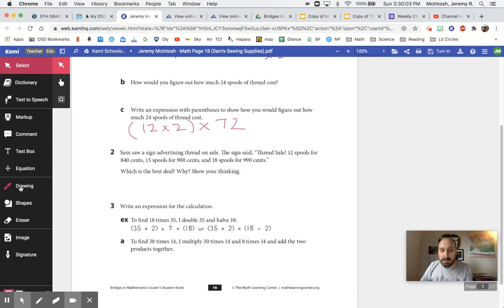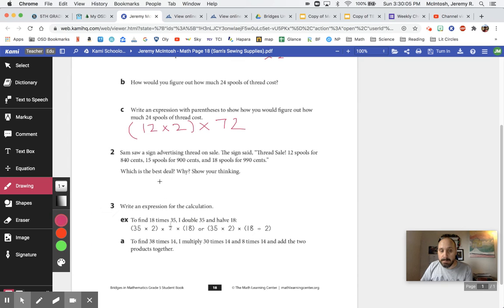Number 2, you may skip or you can try, but Mr. Mack said in the directions that you could skip this one if you want, because it says Sam saw a sign advertising thread on sale. The sign said thread sale, 12 spools for 840 cents, 15 spools for 900 cents, or 18 spools for 990 cents. Now, I don't know why somebody would just talk about cents like that and not use dollars, but that's what they saw.